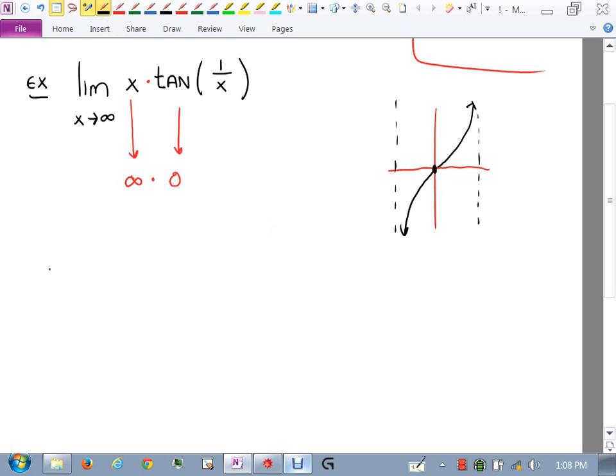Well, I'm going to say limit x goes to infinity. Now, do I want to take the x and put it underneath here, or do I want to take the tangent and put it underneath? You actually could do either way, but I'm trying to think of what would be easier. If I put x on the bottom, it would have to become a 1 over x below the tangent.